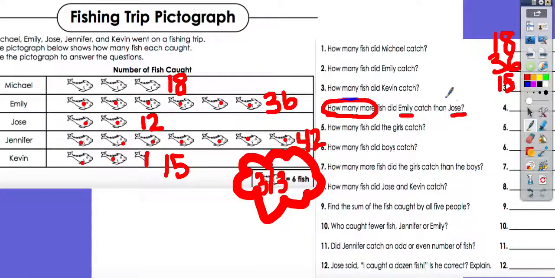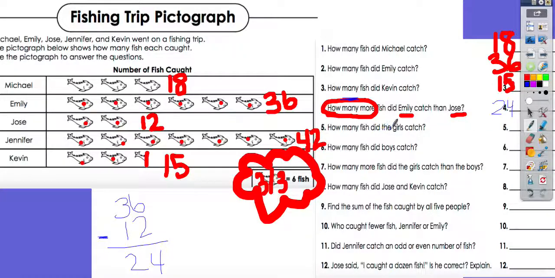I'm going to minus Emily and Jose. So let's look at Emily. Emily is 36. And Jose is 12. Smallest numbers on the bottom. And let's subtract, because how many more is minus the minus? 6, 5, 4, and 3 minus 1 is 2. So how many more fish did Emily catch? She caught 24 more fish.